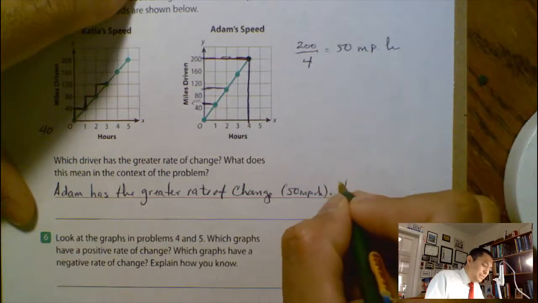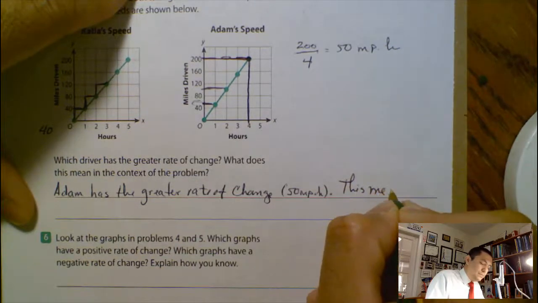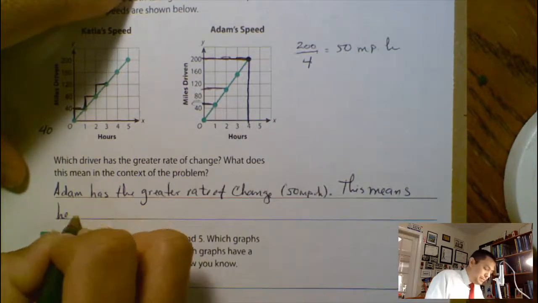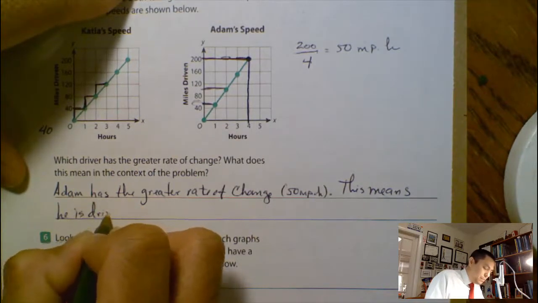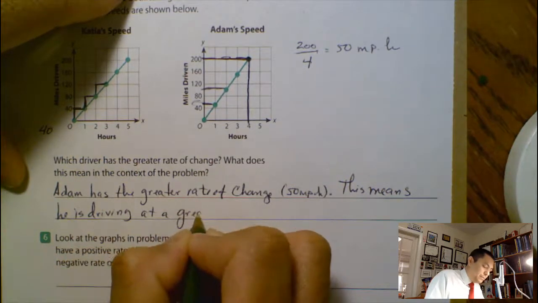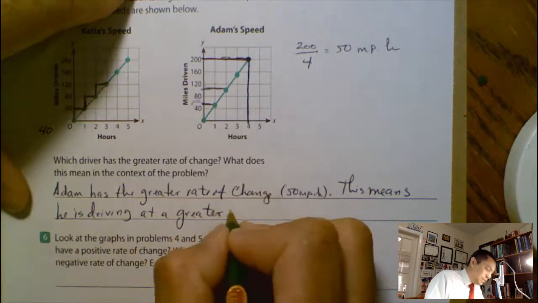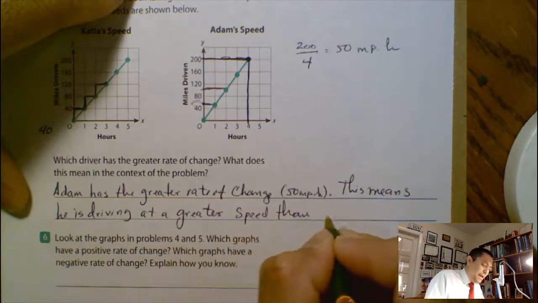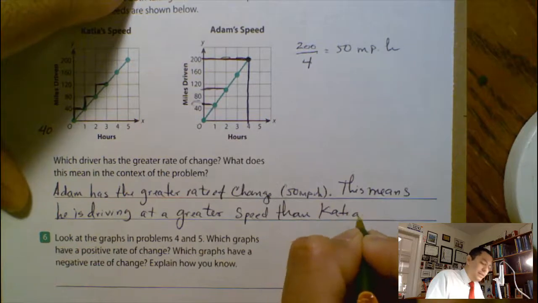This means he's driving at a greater speed than Katia.